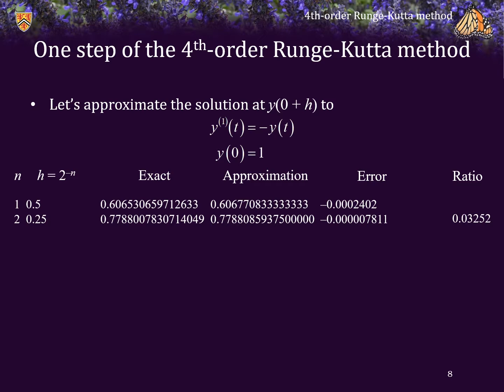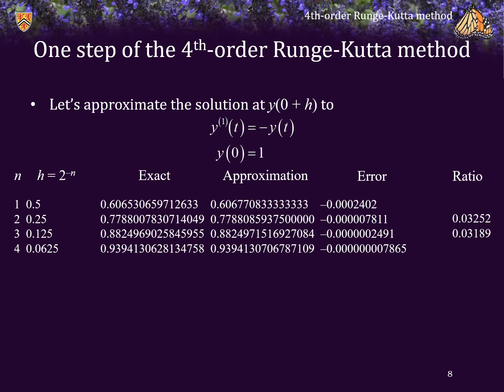Well, actually, that's pretty close to 1 over 32, which is 1 over 2 to the 5. That's suggesting that the error is order h to the 5. Dividing h by 2 again, the error seems to drop by approximately the same ratio.